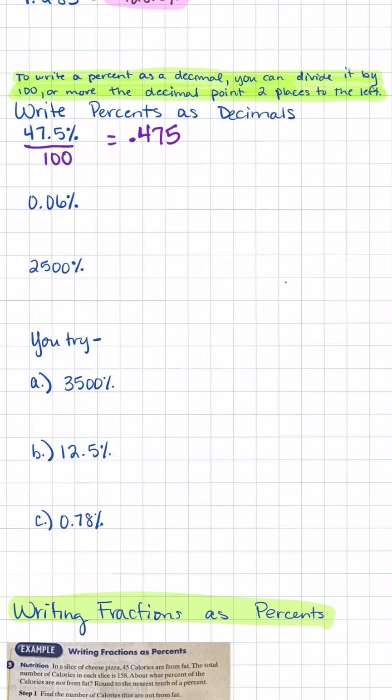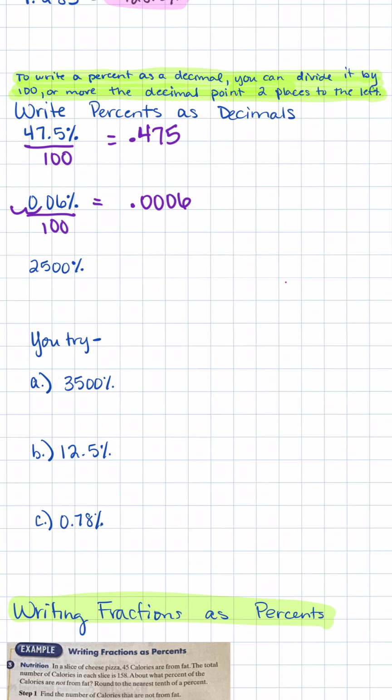So that is turning it into a decimal. 0.06%, right? We divide it by 100, or we're just moving the decimal point 2 places to the left, is going to equal 0.0006.